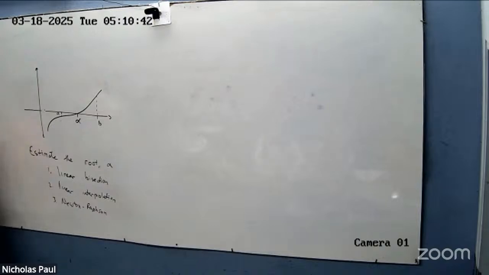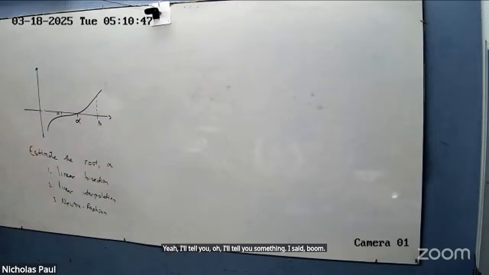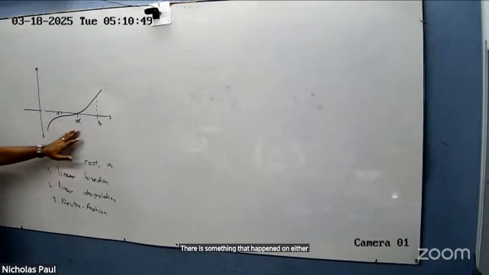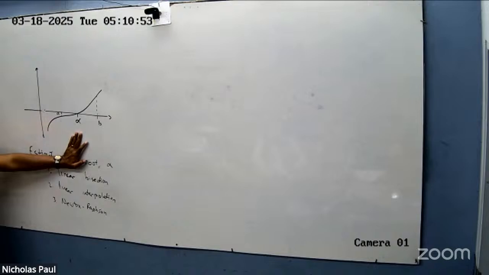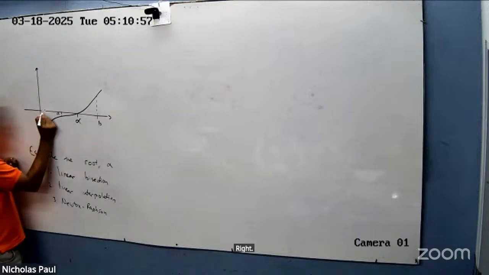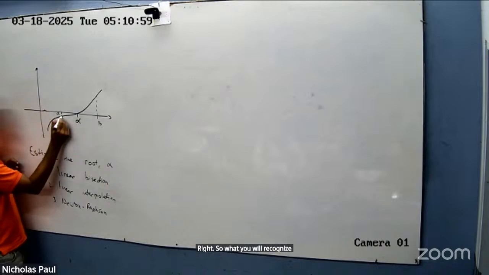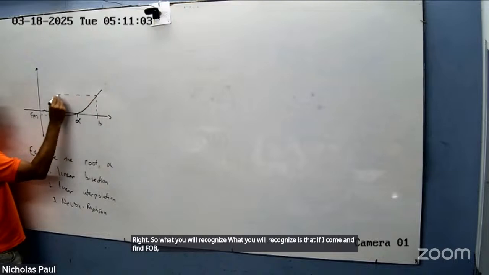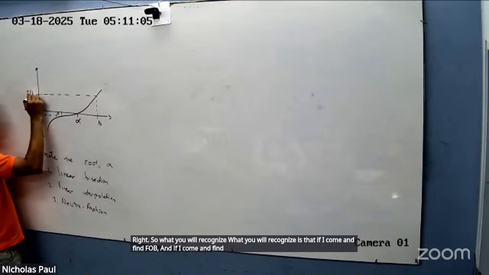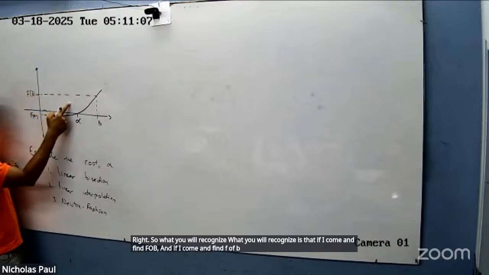I'll tell you something to check for. There is something happening on either side of this alpha value. What you will recognize is that if I find f of A, and if I find f of B, one value is negative and one value is positive.